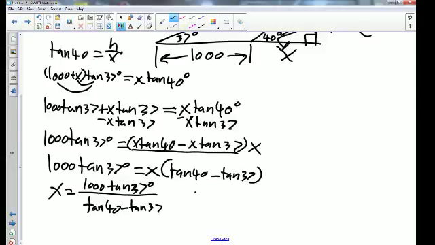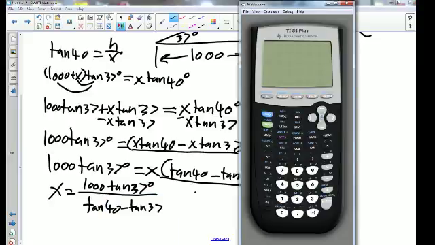You get that by dividing both sides by this factor, which leaves you with that equation. And now you plug that into your calculator.